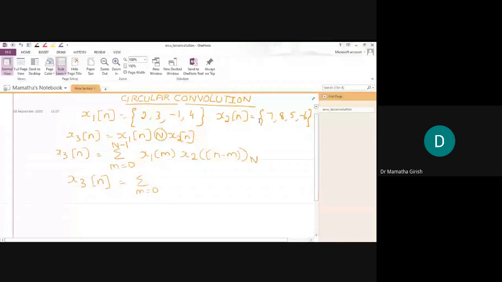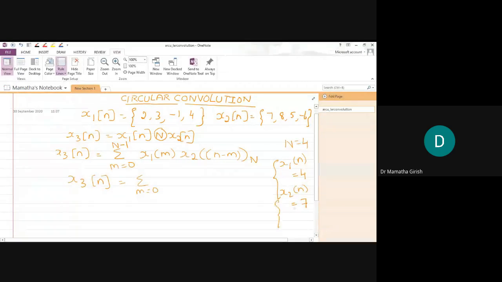In this example, the length of x1 is 4, the length of x2 is also 4. So obviously the maximum length n would be equal to 4 only. Now say for example the examiner will give you a sequence x1 of n whose length is 4. Similarly, the examiner will give you a sequence x2 of n whose length is, say for example, 7.